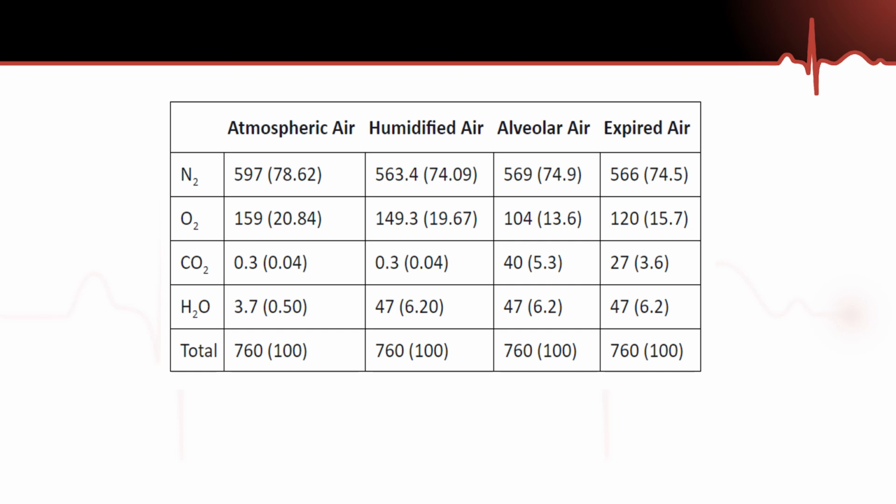And what you end up seeing now is that air that came into the lungs from the atmosphere, that air that's now in the lungs, is made up of a lot more water vapor than it used to be when it was air out in the atmosphere.